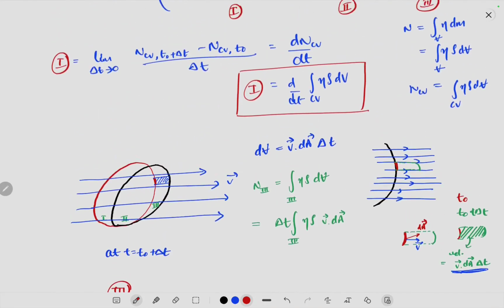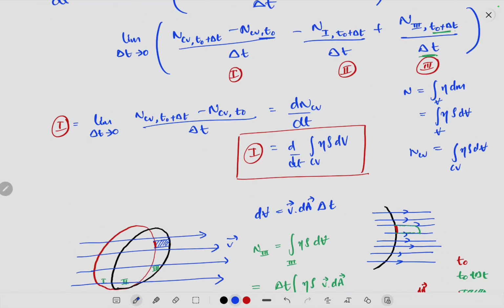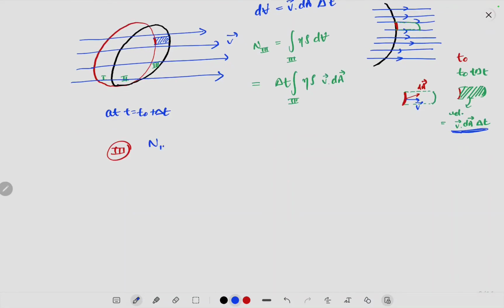So 3 was N3 at t naught plus delta t divided by delta t with the limit delta t approaches 0. We write N3 as the integration of eta rho V dot dA over region 3, divided by delta t.